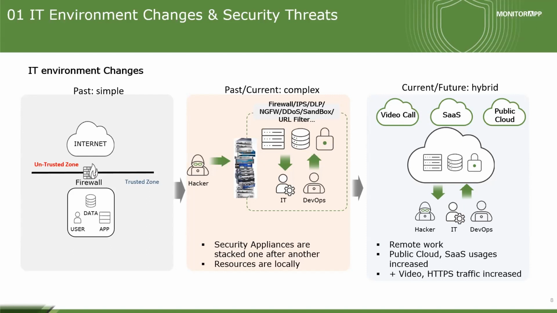And after the pandemic, there were other changes. Firstly, the number of remote workers increased, and lots of company resources are located in the public cloud, like AWS, Azure, GCP, something like that. Also, SaaS usage has increased.